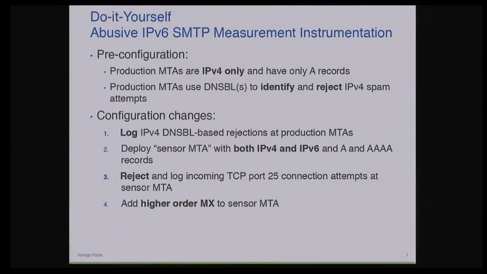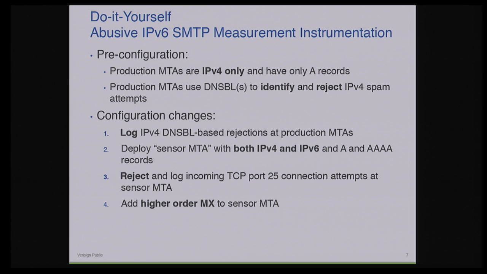Okay, so basically the idea behind this is the following in setting this up. So you have two notions of pre-configuration, and the idea is that your production MTAs would be IPv4 only at this point, and only have A records. We expect that this would be the type of environment that you would be in anyway if you haven't deployed IPv6 yet.